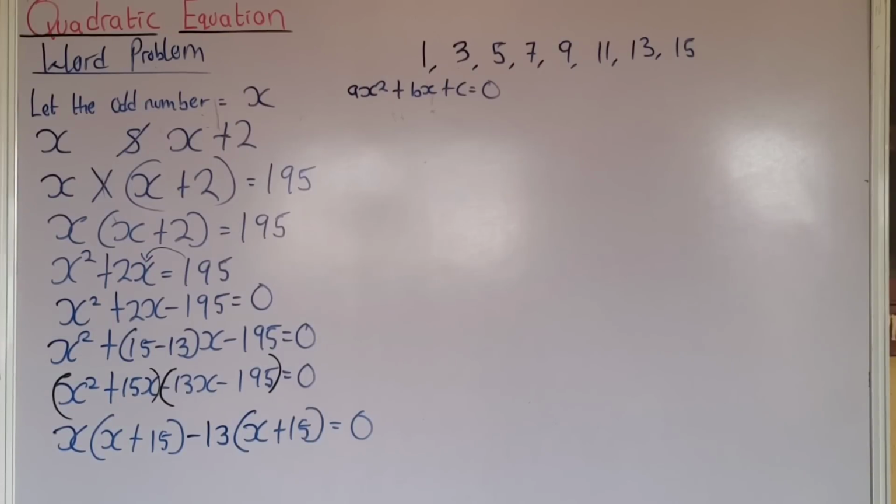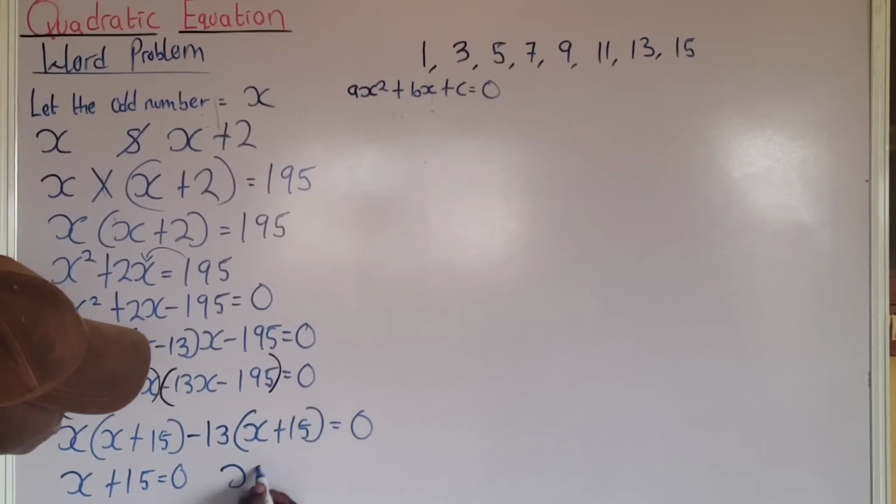What are we going to do? All you have to do is that you can see that we have the same content in the first and the second bracket. So we are going to choose one bracket. Hence, I'm going to have x plus 15 equals 0. Then the factors of each bracket, which are x and negative 13, I'm going to bring them together.